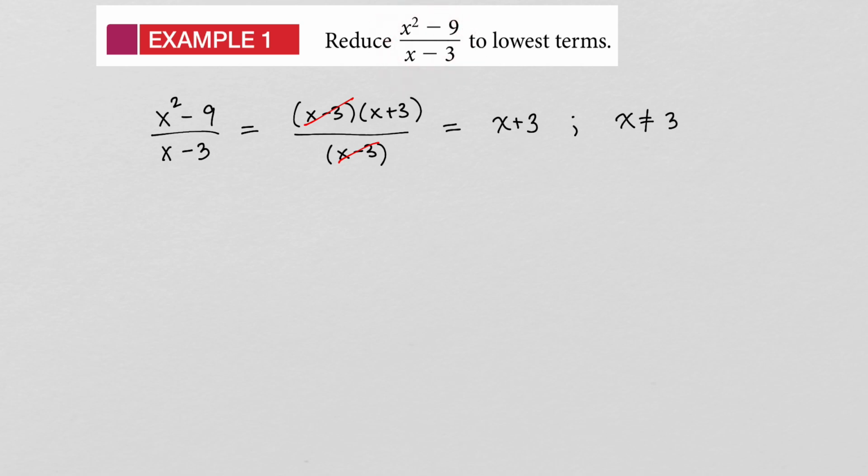Therefore, 3 is not a number that we could plug in to the simplified expression, even though it appears that plugging in 3 here is no problem. Since we're saying this is equivalent to what we started with, we cannot plug the number 3 into our answer. So the answer here is simply x plus 3, but I want to keep in mind that we do maintain the restrictions that we had from the beginning.